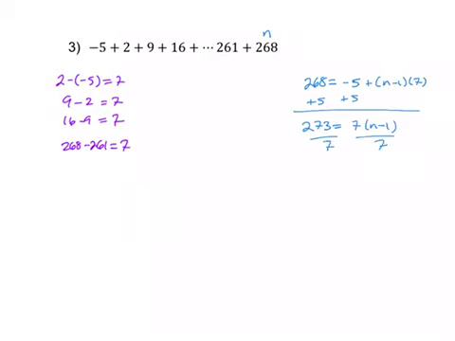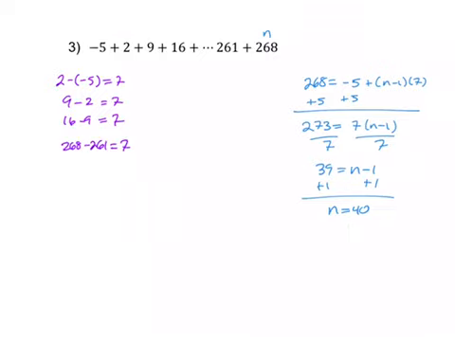I'm going to divide by 7. This is 39 equals n minus 1, plus 1 on both sides. So n is 40. That means that the 268 is in the 40th position of this exercise.